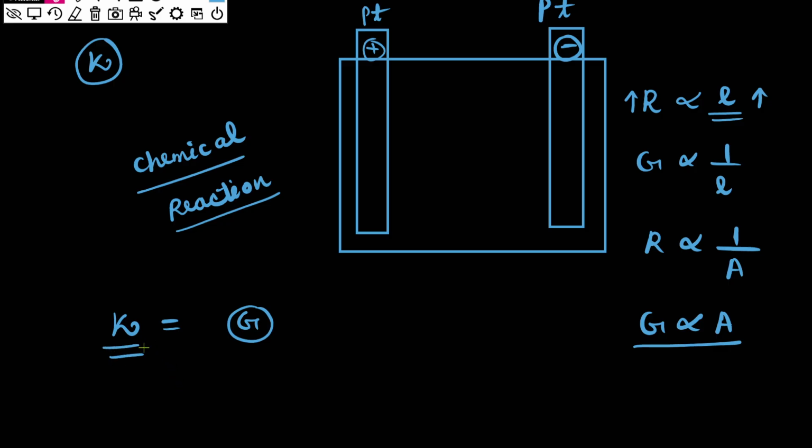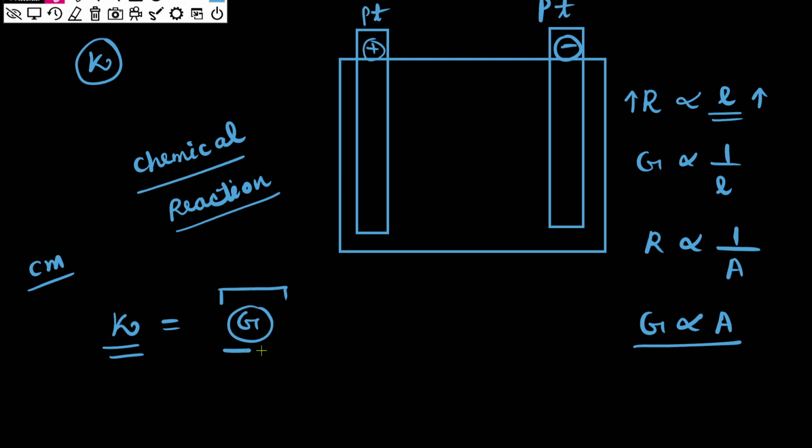So right now I only told you what the meaning of conductivity is. It is nothing but certain dimensions associated with this conductance. For example, if we are taking it in centimeter, it is the conductance of 1 centimeter cube of an electrolyte which is placed between two electrodes which are 1 centimeter apart, and the area of cross section of both of the electrodes is 1 centimeter square.